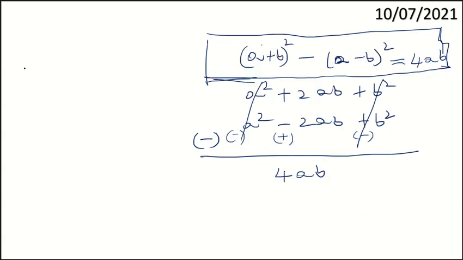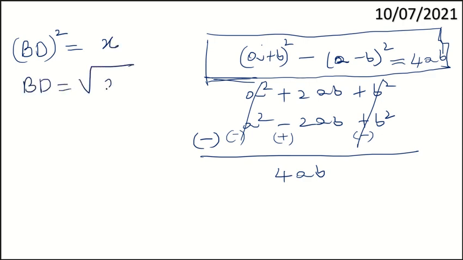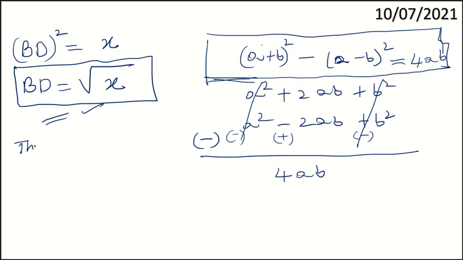That's how BD square is x, so BD is root x, which we wanted to prove. We proved it. Thus proved. This is how we do it.